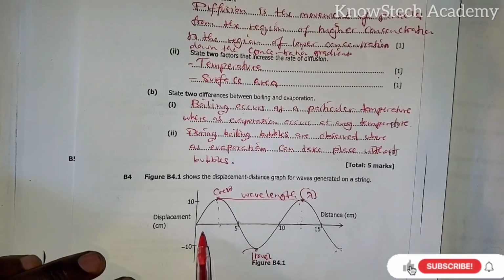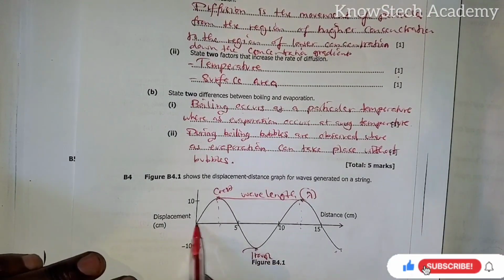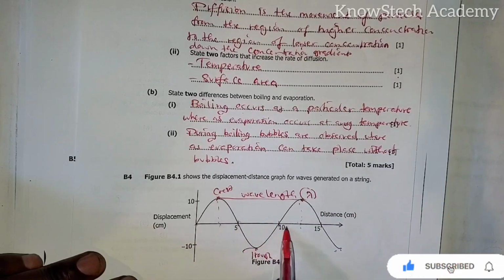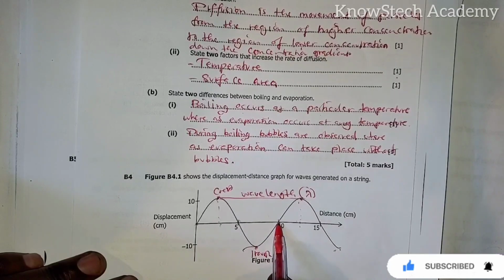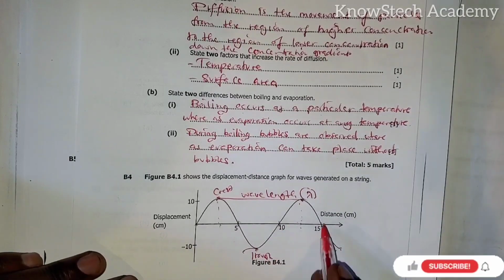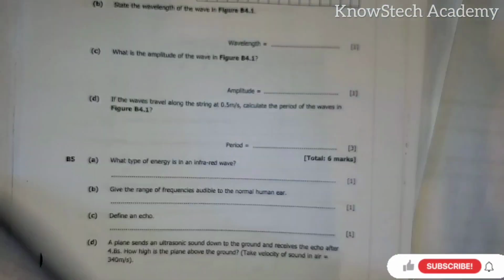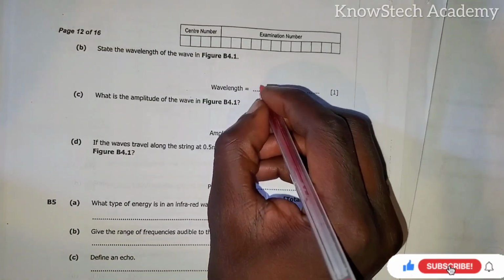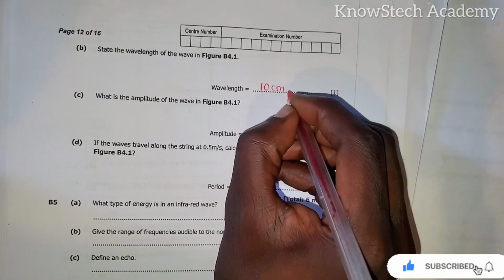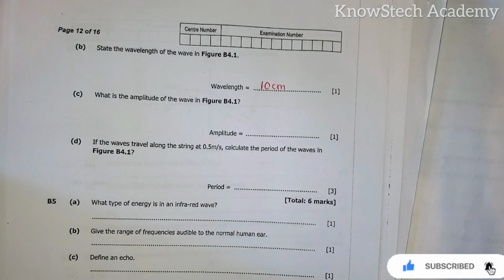You can even say, from here up to here it is 10. This is a complete wave, from 0, 5, 10, without even calculating. So this is 10 centimeters. Without wasting much time, you can say 10 centimeters.